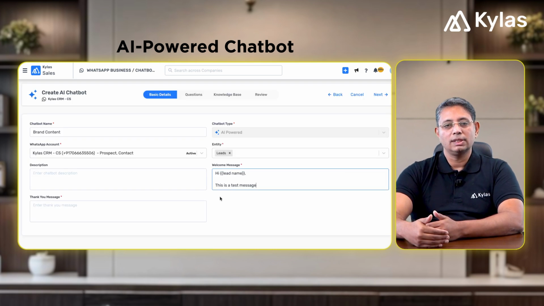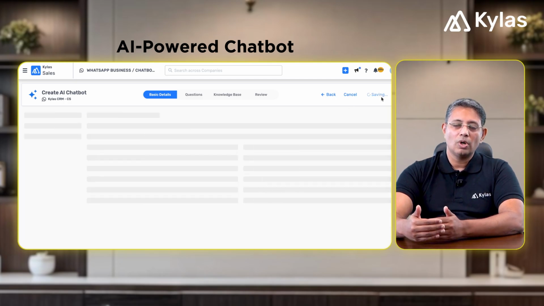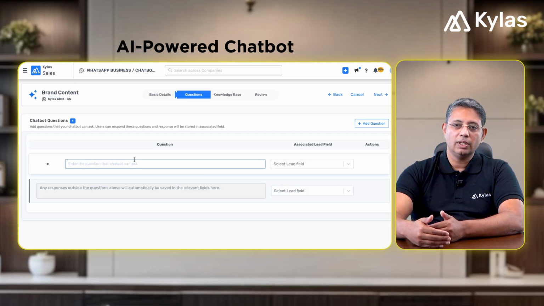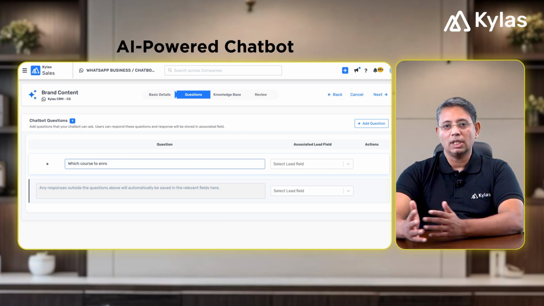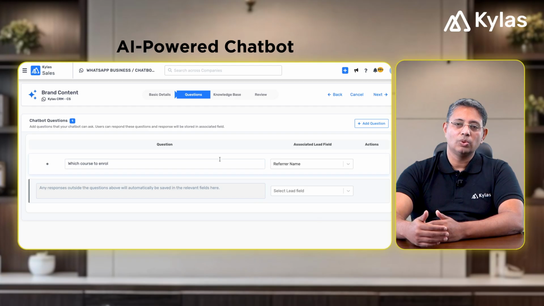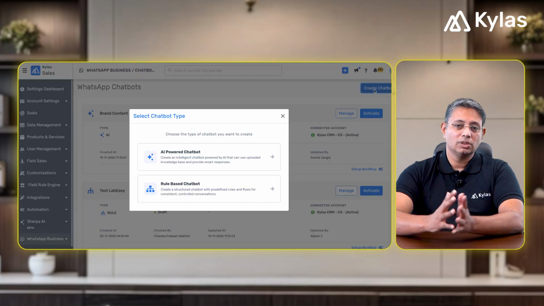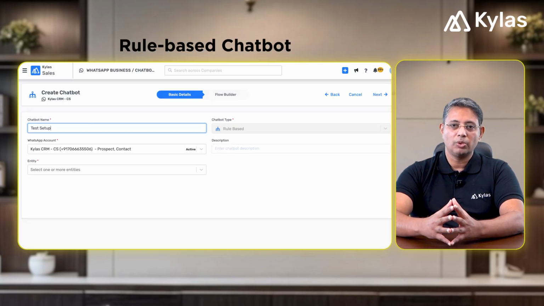And then personalization, right? AI allows you to personalize a lot. If he wants information on a particular engineering course, you can ask a couple of questions, ask him choices, and the LLMs will allow you to ask the right questions. So agentic WhatsApp is very helpful, plus rule-based WhatsApp if you have a strict process.